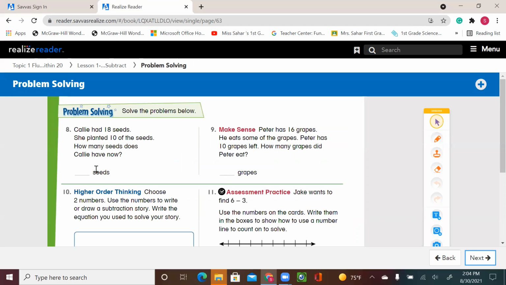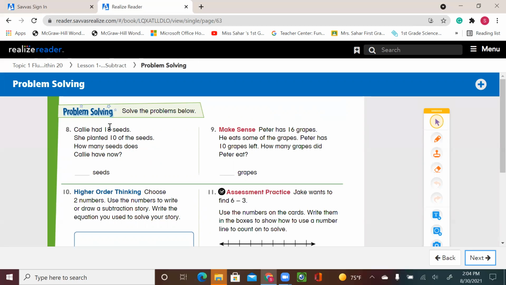All right. Page 24. Question 8. Callie had 18 seeds. She planted 10 of the seeds. How many seeds does Callie have now? So she has a total of 18. She planted 10. She has some left that she didn't plant yet.